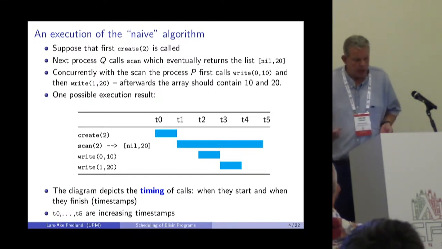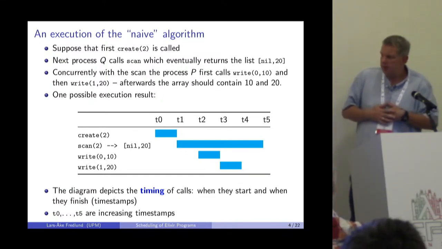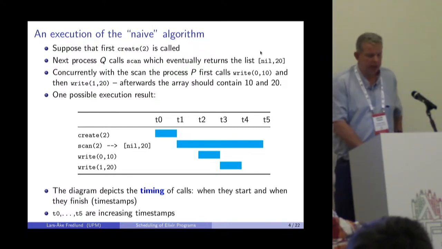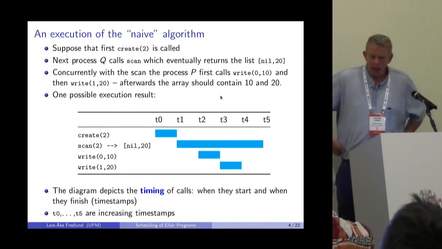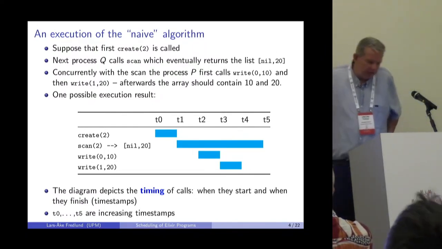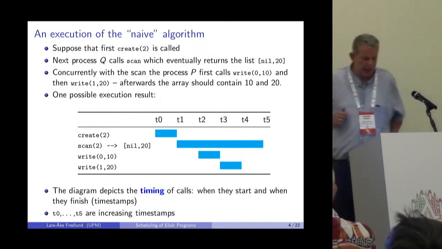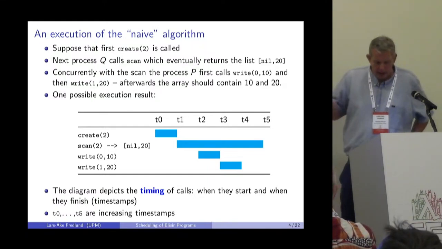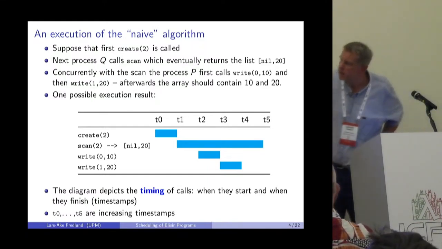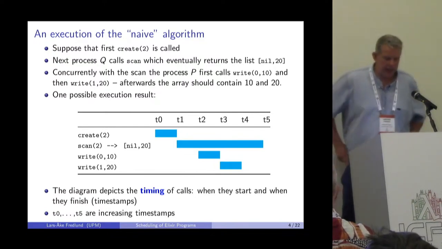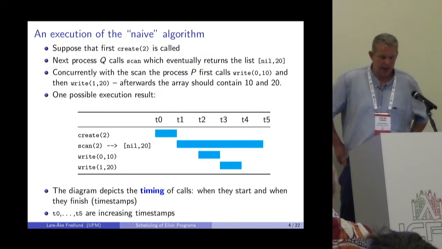Okay? So one possible execution result, the one I was speaking about, is the following, which we can depict as a time diagram where the create operation always runs first. We have to create the array before doing anything else. And then we start the scan, which starts at timestamp T1, and at timestamp T5 returns the list nil, 20.